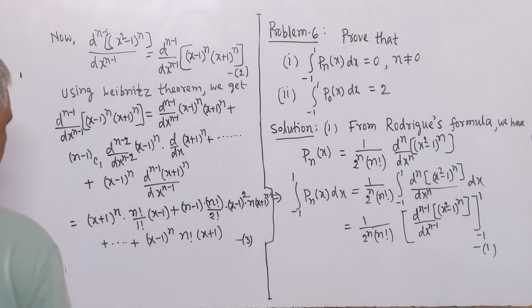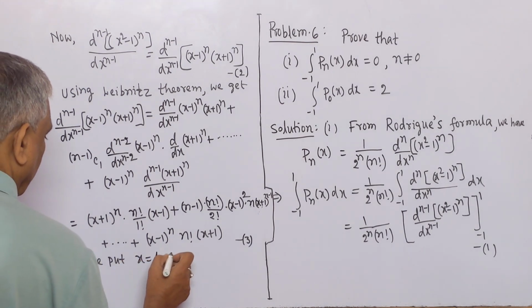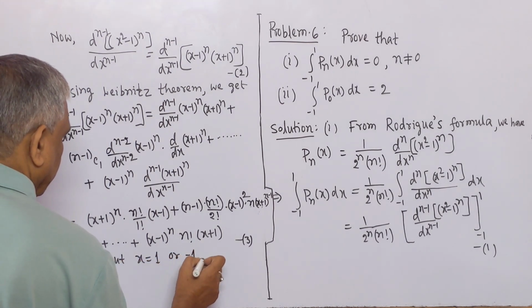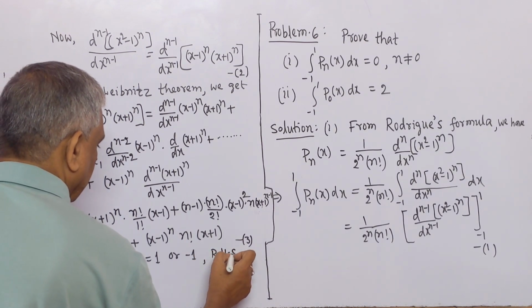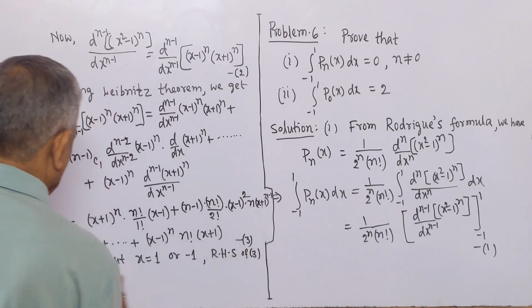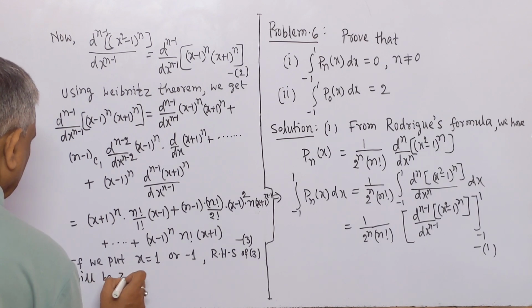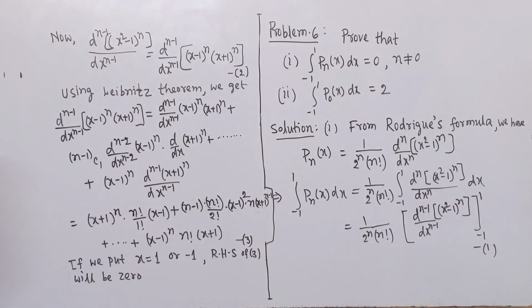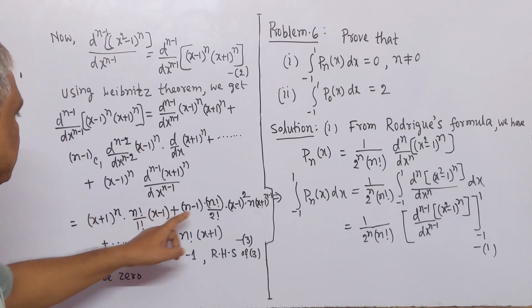This is number 3. If we put x equal to 1 or minus 1, right side of 3 will be 0. Because if we put x equal to 1, 1 minus 1 is 0, this term vanishes.